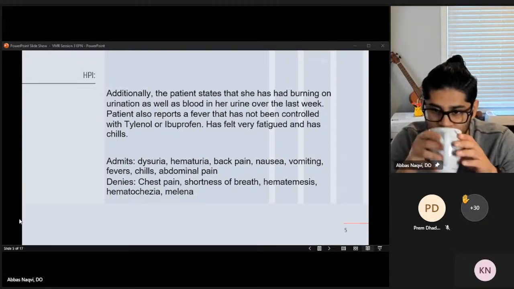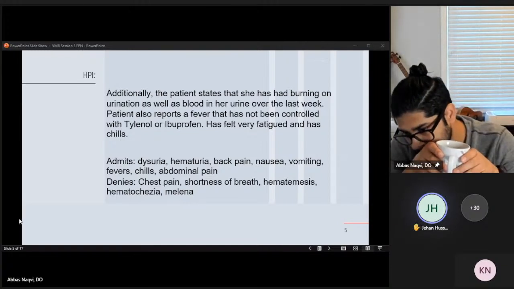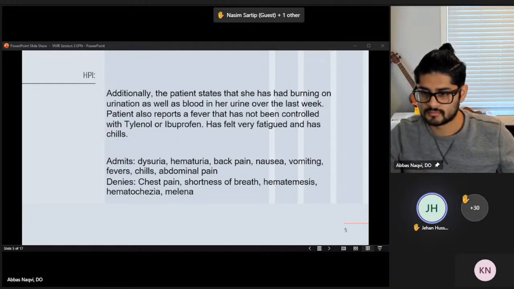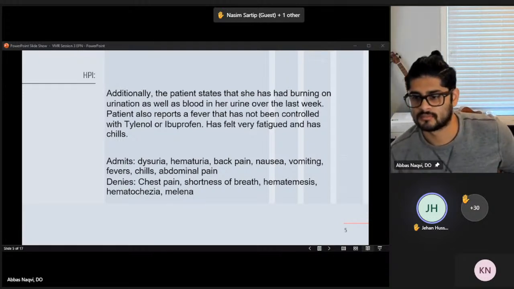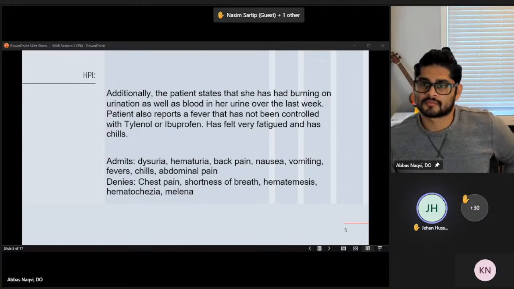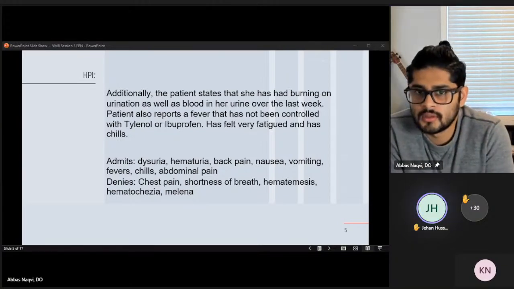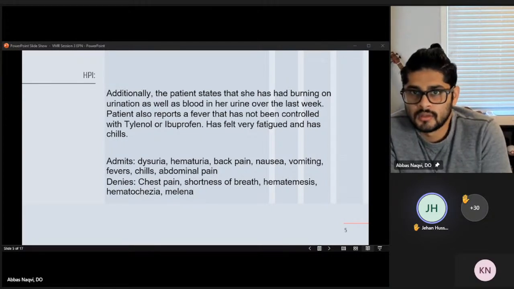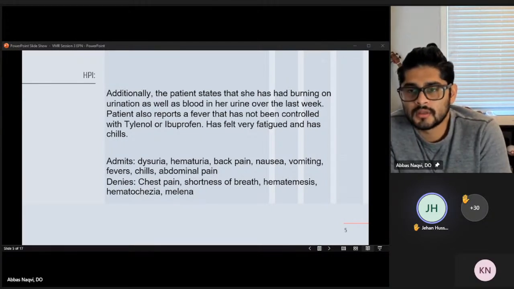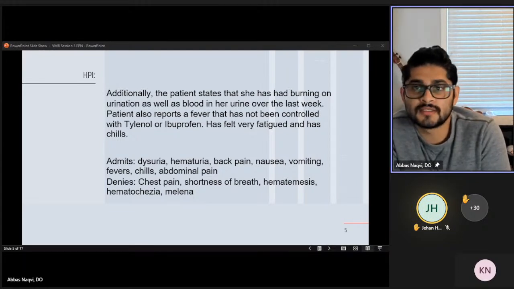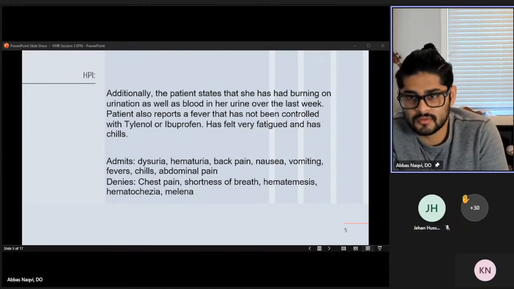So the whole blood in her urine and the fact that she's having pain when she urinates, could a chronic kidney disease cause that? Would it be like a new onset chronic kidney disease, or would it be more so it wouldn't give her all these symptoms and it would be more so like the kidney stones that you talked about previously? Yeah, so that's a good thought. So chronic kidney disease usually is not painful, right?